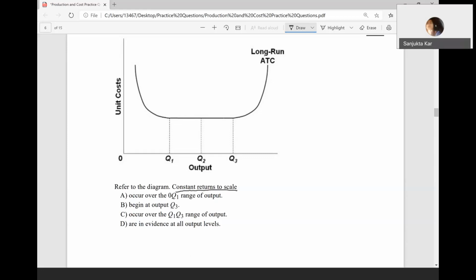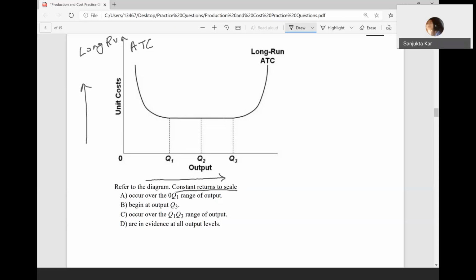So we are looking at the long run average total cost of production. My output keeps increasing as we go along the horizontal axis, and then the cost keeps increasing along the vertical axis.